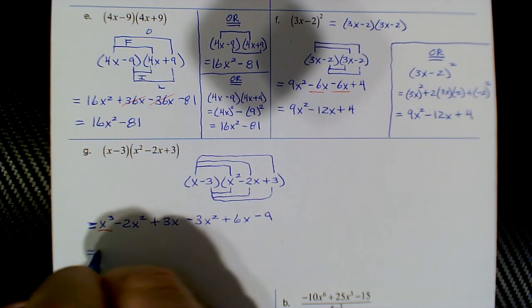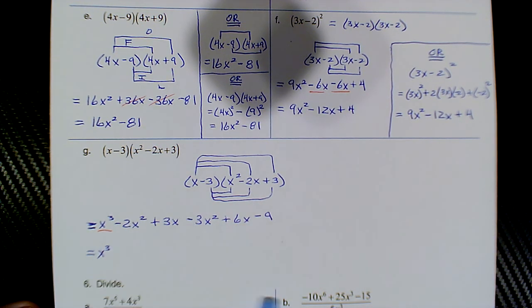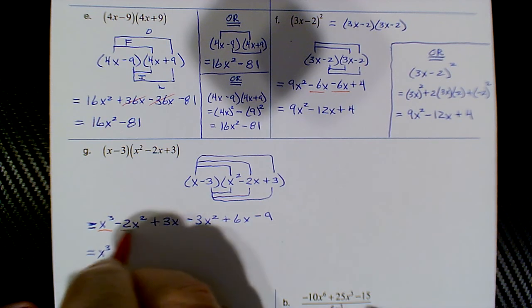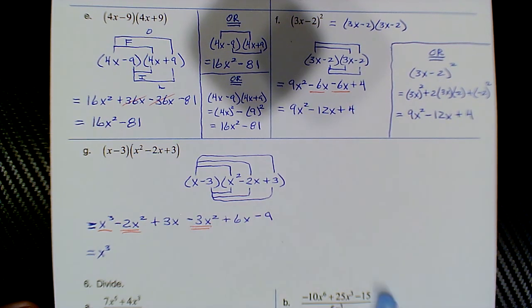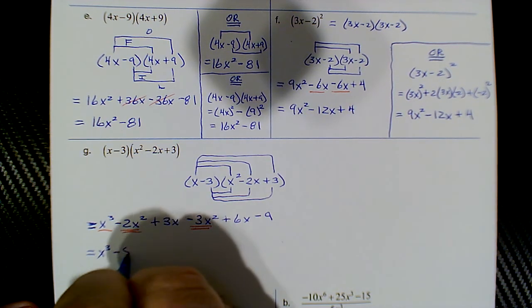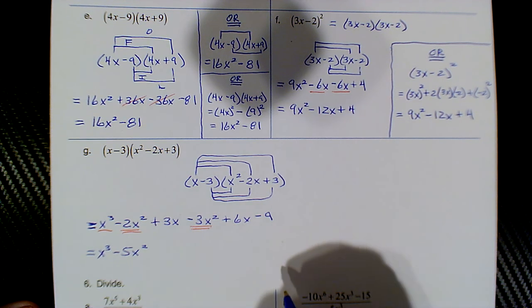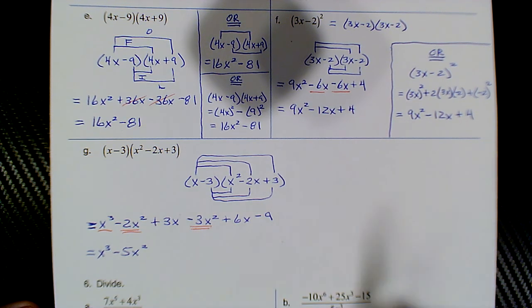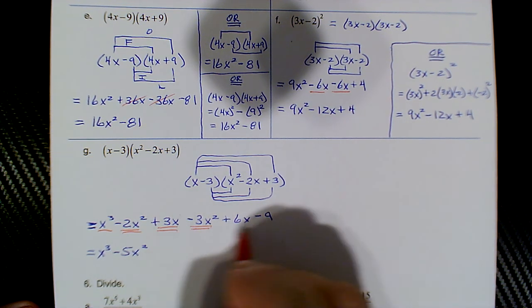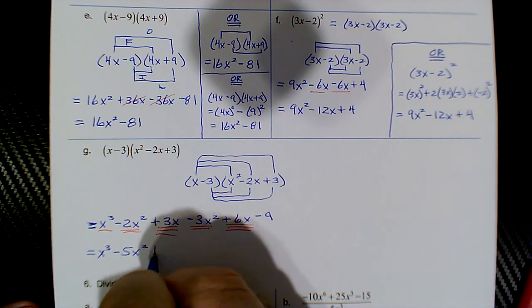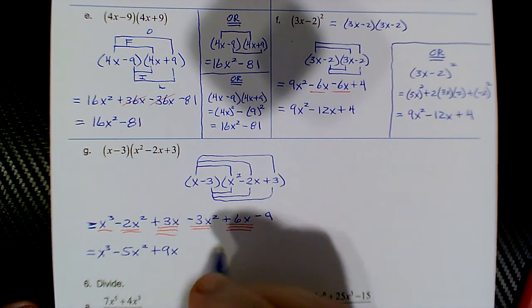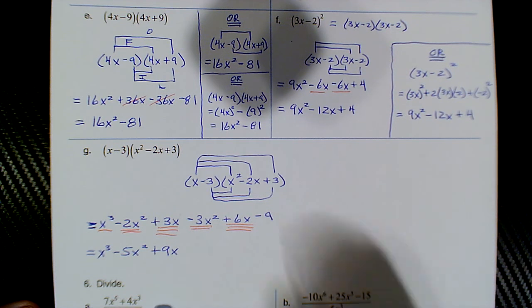The x squared, there's negative 2 of them, and negative 3 of them, which combine to give negative 5x squared. There's the x terms, 3x and 6x, combined to give plus 9x. And then there's just the constant term, negative 9, that needs to be recopied.